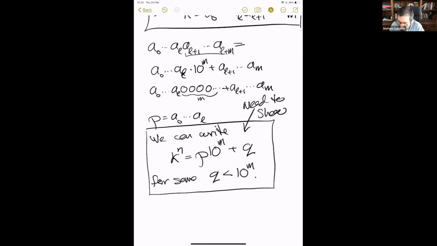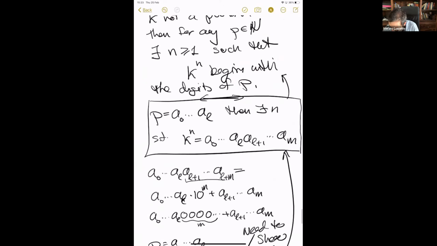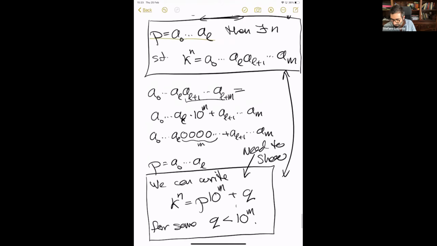So if we can show this, we're done, right? Because that's exactly the same thing as the statement. If we can write k to the n as p times 10 to the power m plus q, where q is less than 10 to the m, then we've shown what we want to show, because this means that you can write k to the n like this. Sorry, so this was supposed to be 10 to the m here.